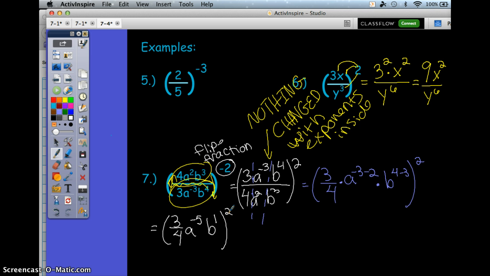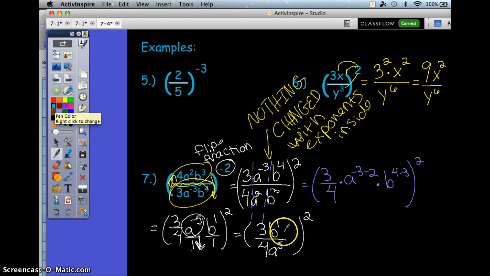Now, I'm going to simplify inside here. My a to the negative 5th is really over 1, so it has to go to the denominator. And b to the first is in the numerator. So when I simplify that, my numerator still has the 3 in it, and my b to the first. But my a to the 5th went down to the denominator. So my denominator has 4a to the positive 5th, the whole thing squared.